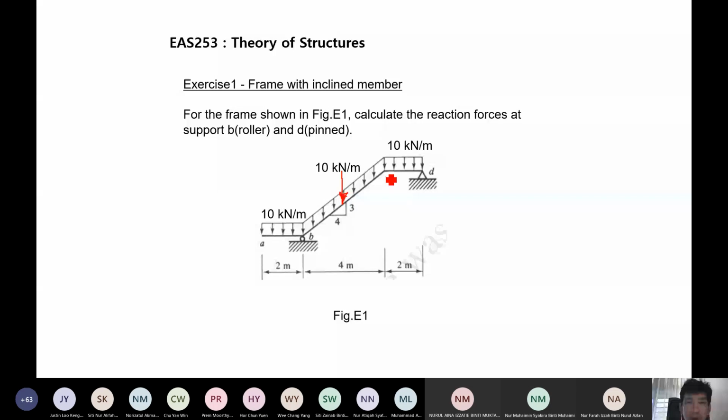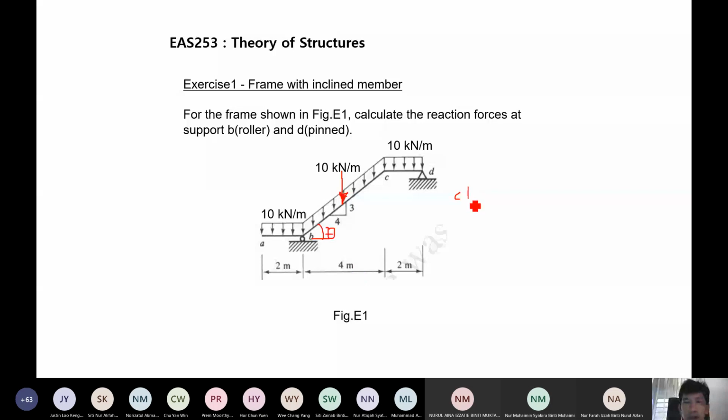Or if the angle is given, and this is 4 meter, then you can find the height and the length by using the relationship of these lengths. So the total length of CB here, you can find easily, is 5 meter.